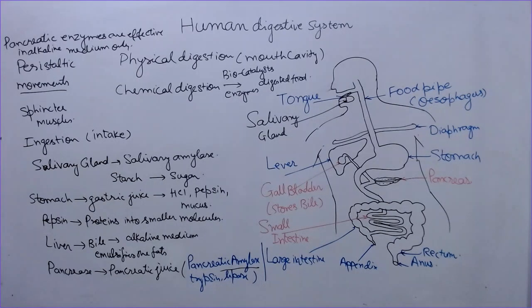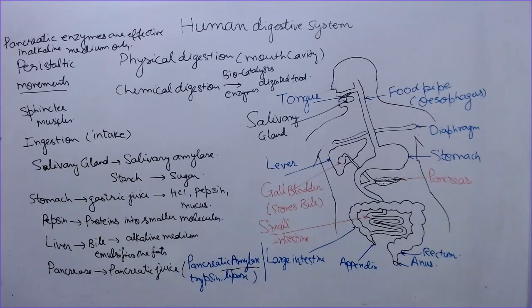And trypsin digests the protein at this stage, and for digestion it is required to be broken down into smaller molecules, and for this purpose at the previous stage the emulsification occurs. And the third one, lipase, breaks down the emulsified fats. So at this stage the food is further digested. This is the next stage of chemical digestion.